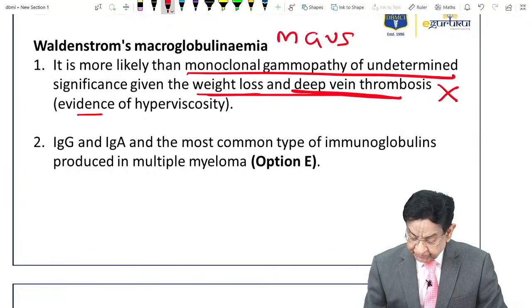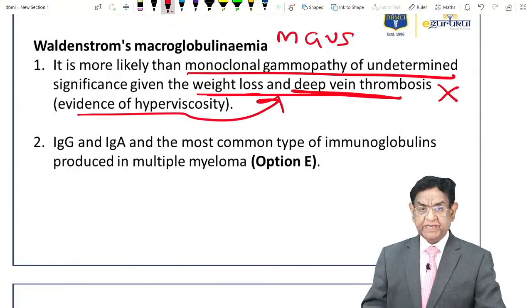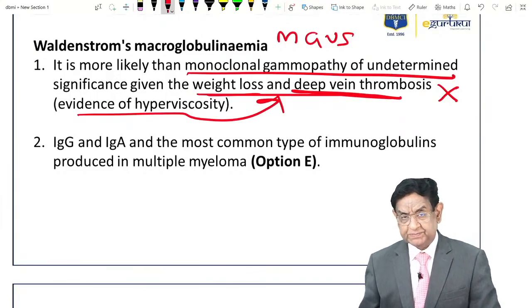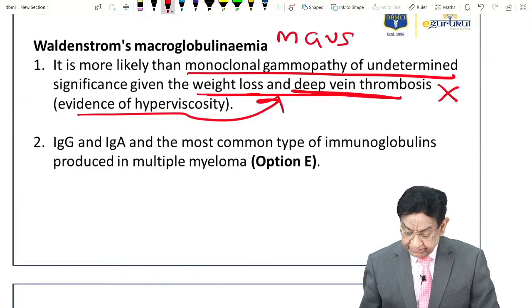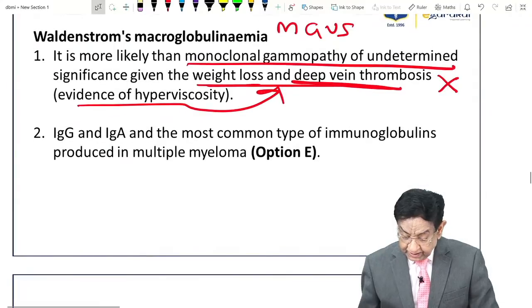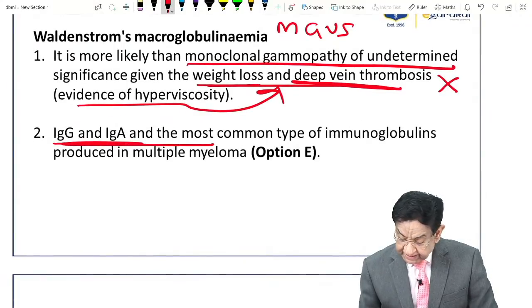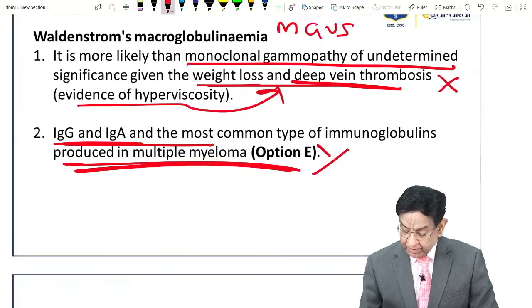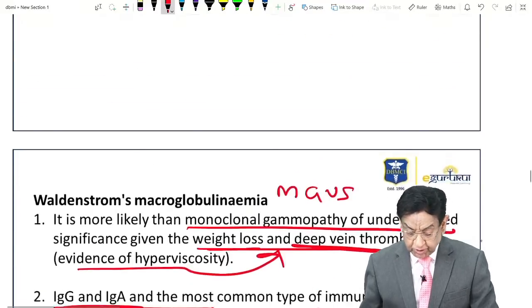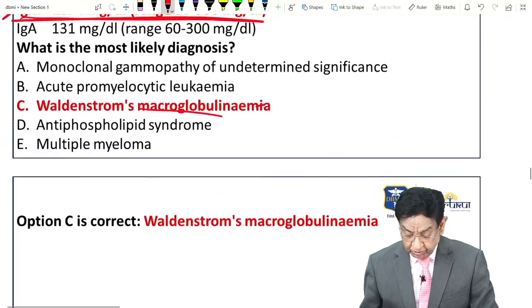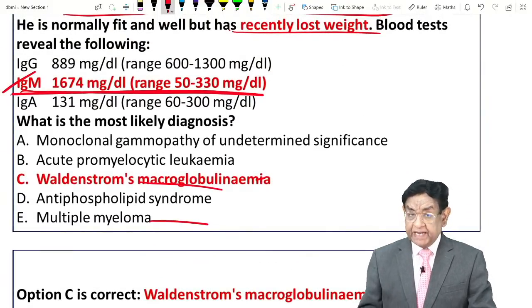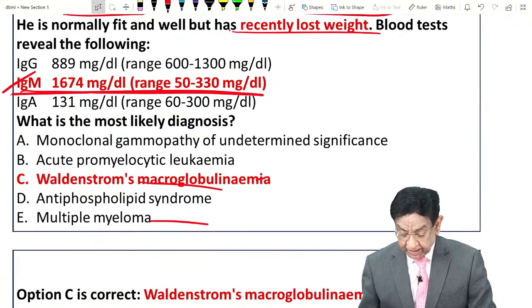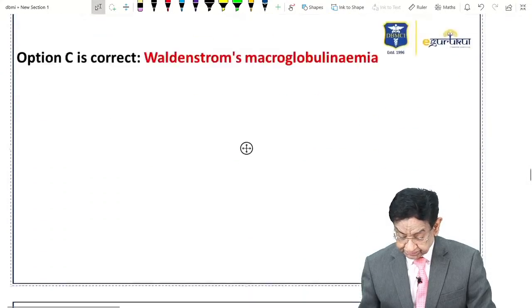These two are features of hyperviscosity, including deep vein thrombosis, which occur in Waldenstrom, not in MGUS. And IgG and IgA are produced in multiple myeloma, so this option also is ruled out. Remember, in the question IgM level is increased, other immunoglobulins are in the normal range.